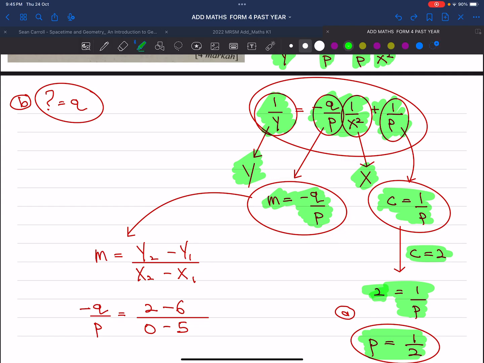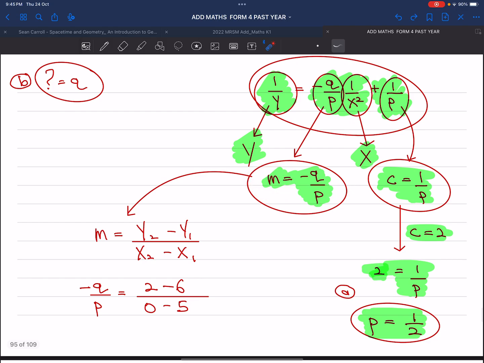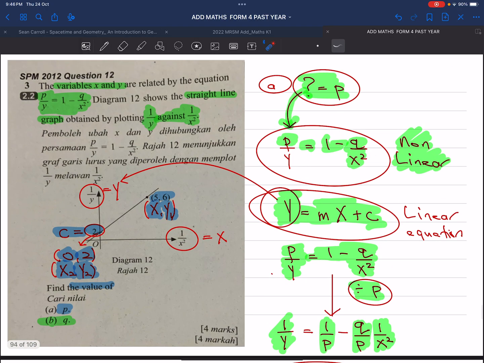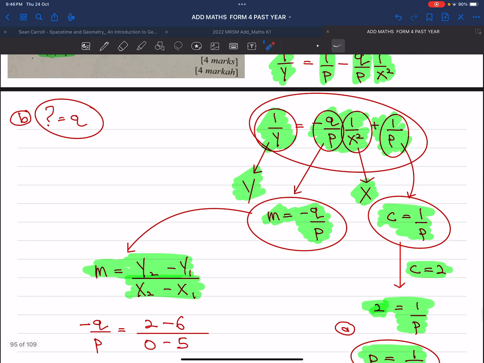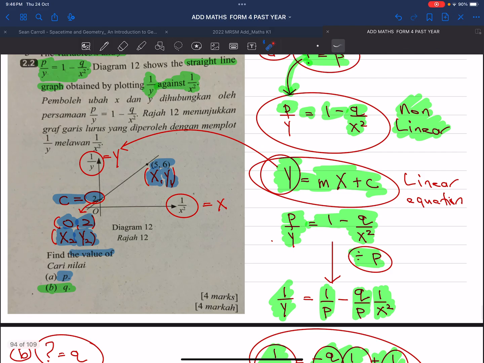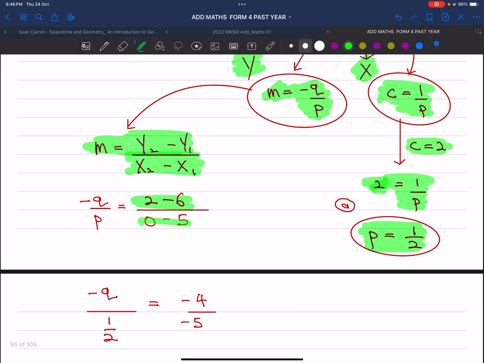For this gradient, I use the formula: gradient is y minus y over x minus x. Of course, I'm using capital Y2 minus capital Y1 over capital X2 minus capital X1, and all these coordinates we already have here. Y2 is 2, Y1 is 6, so that is 2 minus 6 over X2 minus X1, X2 is 0, X1 is 5, so 0 minus 5.